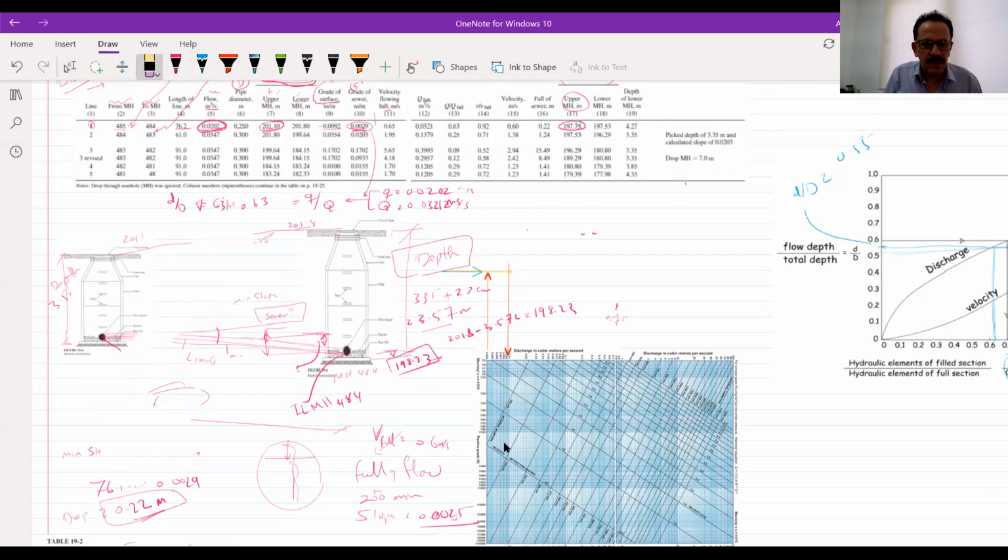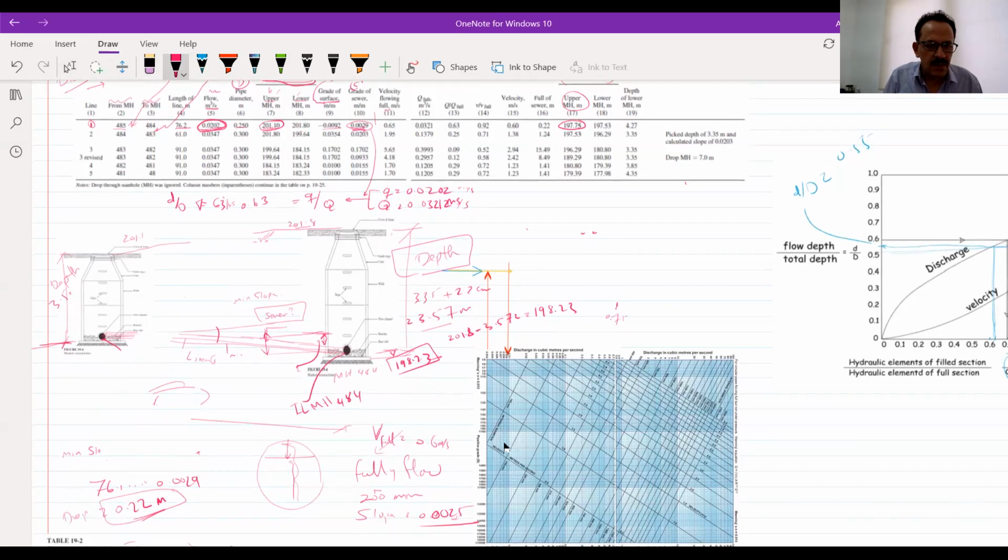So this is the upper elevation, and this is the lower elevation. The ground level is 201.1 as we said. So after using 3.5 meter, what will be the elevation here?